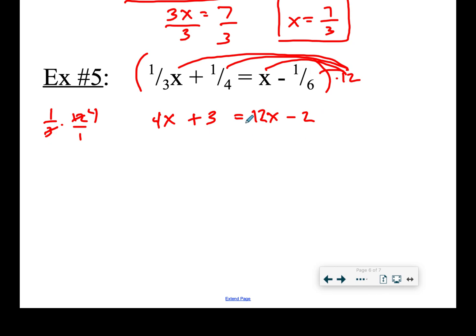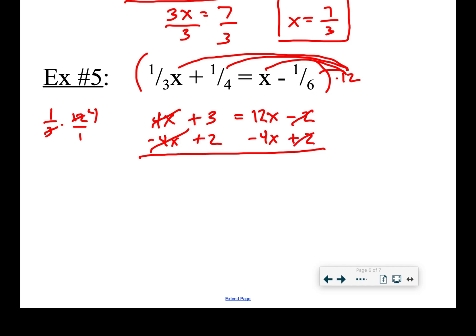And now, if you look at this equation that we have, this is just like the first one that we started with, and it's a whole lot easier than what it looked like at the beginning. So now if we start moving stuff around, subtract 4x over to the other side. Those cancel. Since I moved the x's over here to the left, at the same time, I'm going to take this 2 and add it to the left.